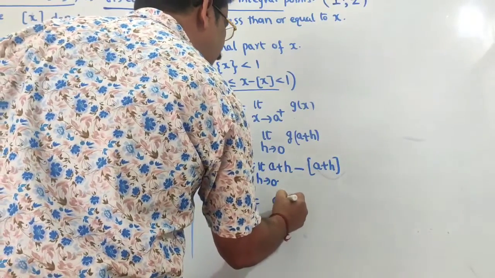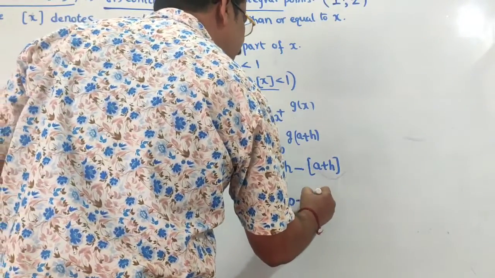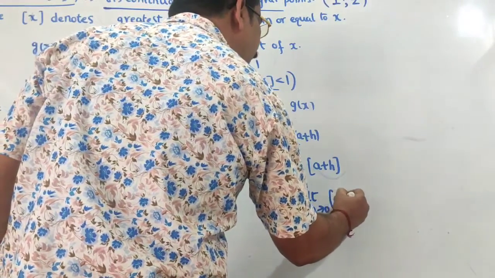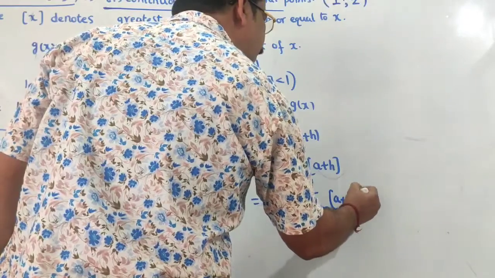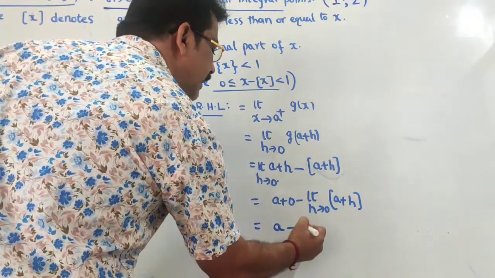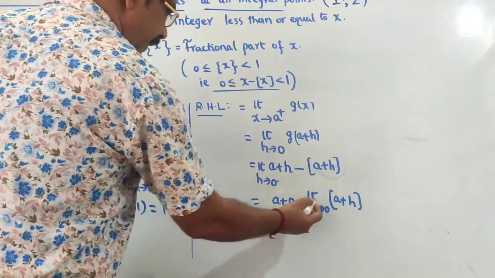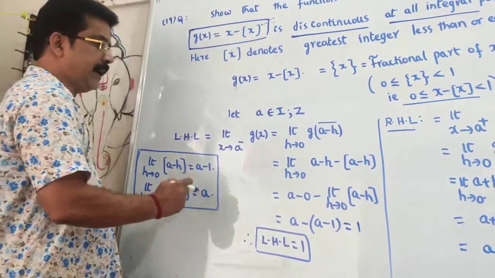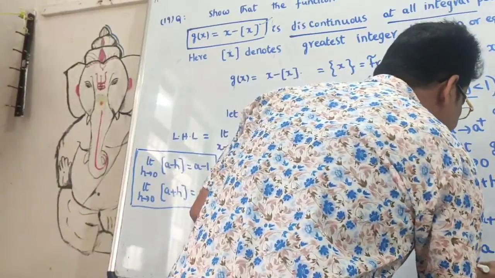So that is equal to a plus 0 minus limit h tends to 0 box of a plus h. So that is equal to a minus its value is a, because limit h tends to 0 box of a plus h equal to a. So that equals 0.